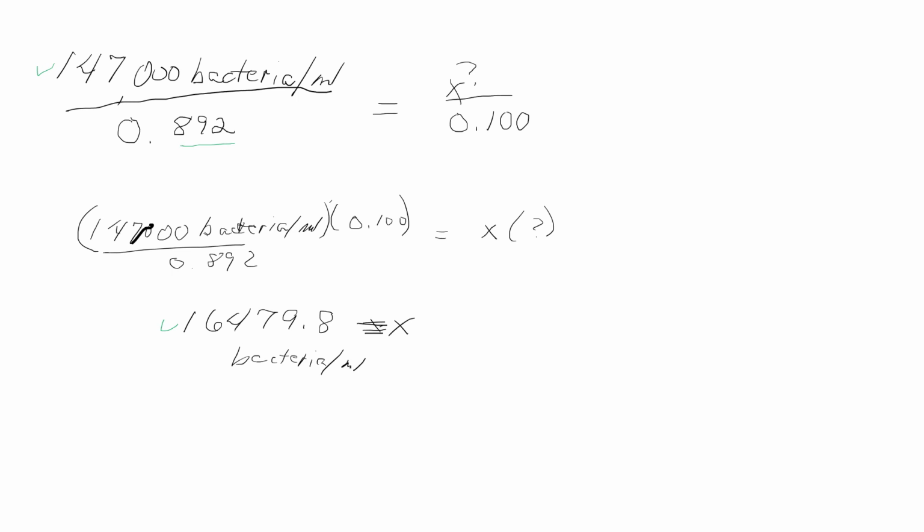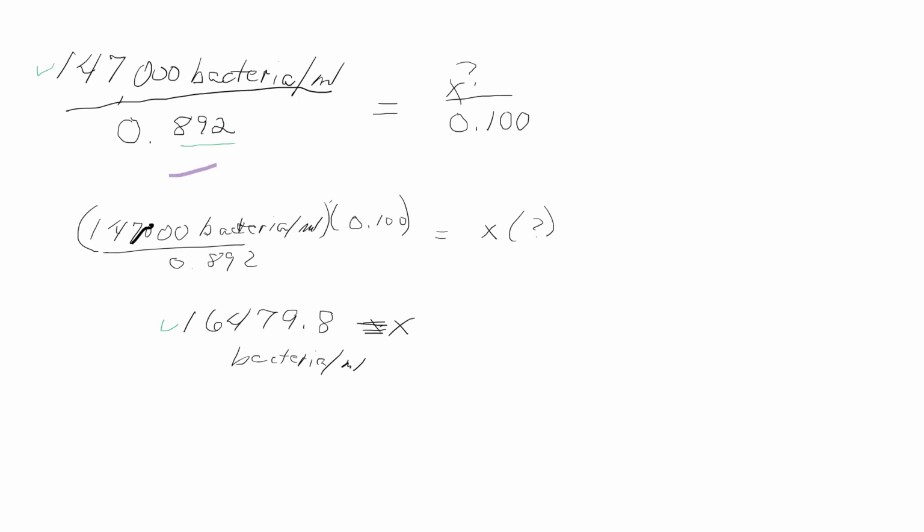So this is when I talk about setting up an equation where you can figure out that relationship of how many bacteria, with the absorbance reading at a particular wavelength.